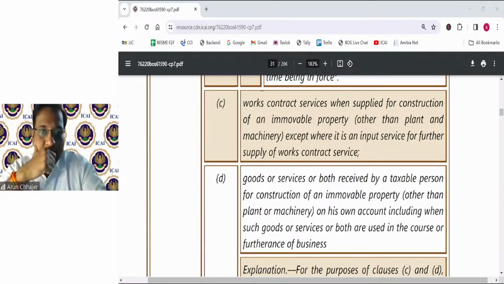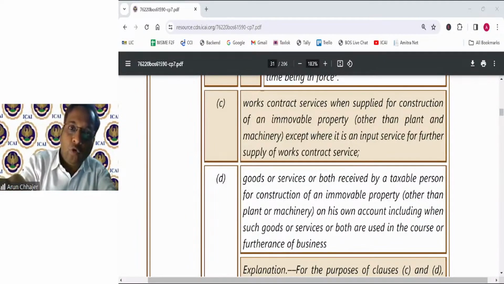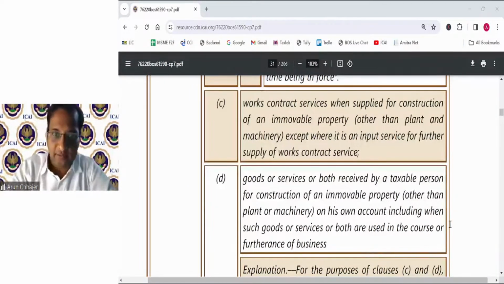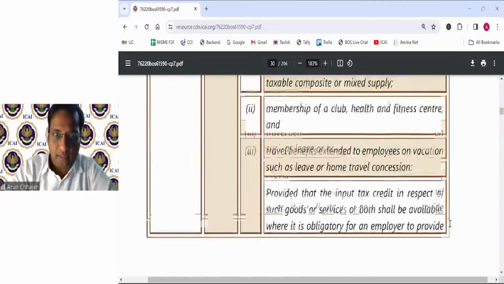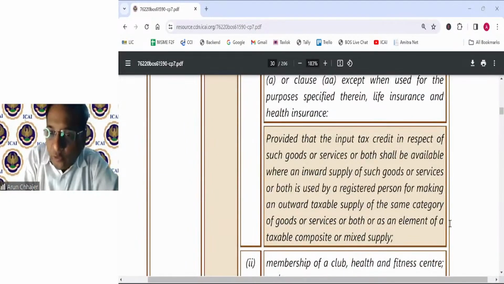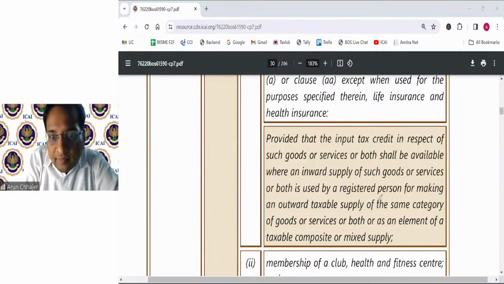Because if you go to the proviso again, it uses the word same category.